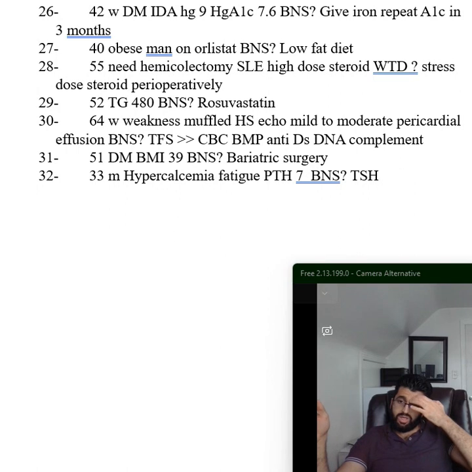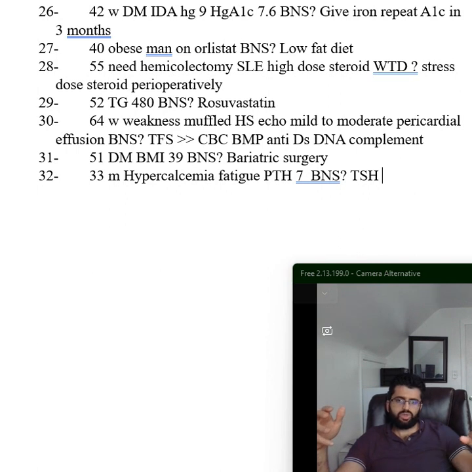Other effects when you have low PTH, parathyroid hormone: you won't have conversion of 25 to 1,25 vitamin D. So you would have less of that, and the GI system won't be able to absorb calcium.